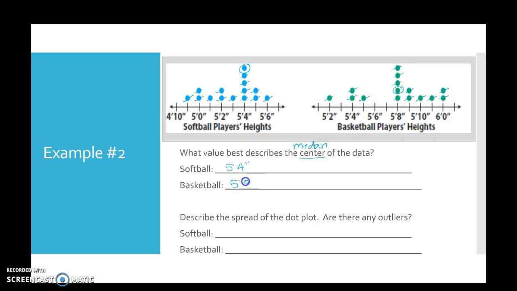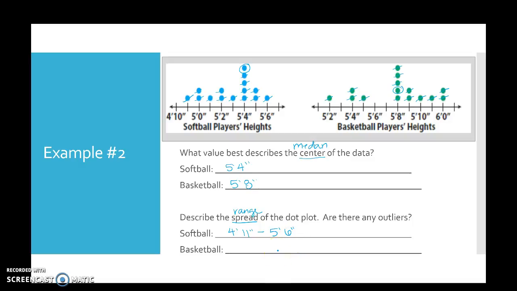Okay, so my median for the softball players is 5 feet 4 inches, and my center for basketball is going to be 5 feet 8 inches. All right, so now describe the spread, which we talked about is the same as the range. So spread of softball. So the shortest player for softball is 4 foot 11 inches, and they go up to 5 feet 6 inches.